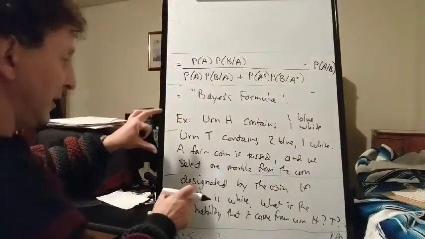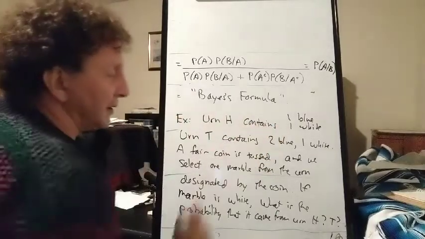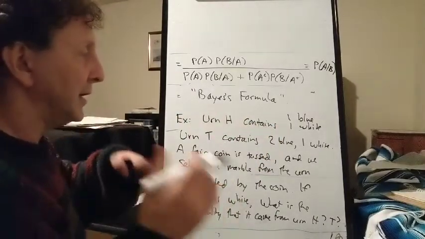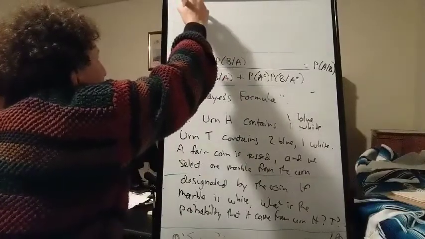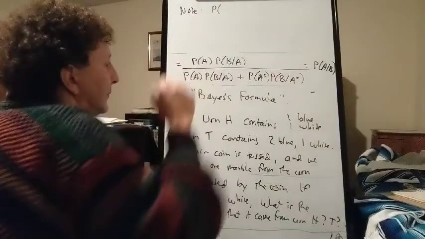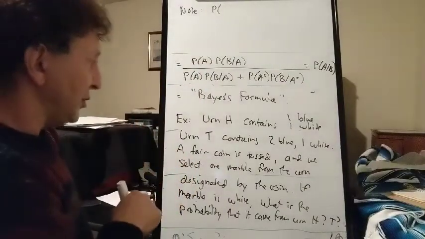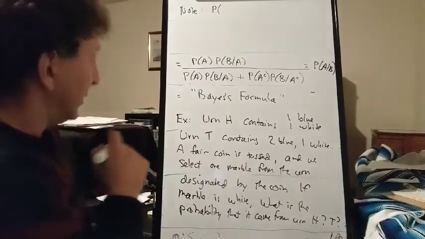All right, so in this problem, let's let W be the event that we get a white ball and B be the event that we get a blue ball. So if we know what urn we're choosing from, it's easy to compute the probability of getting white and blue.